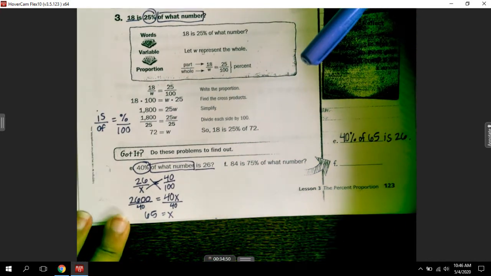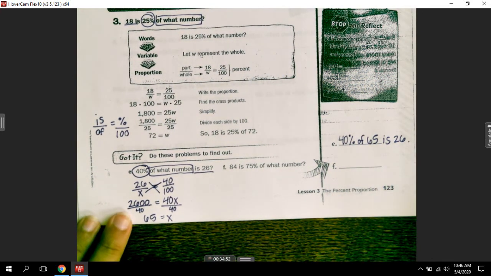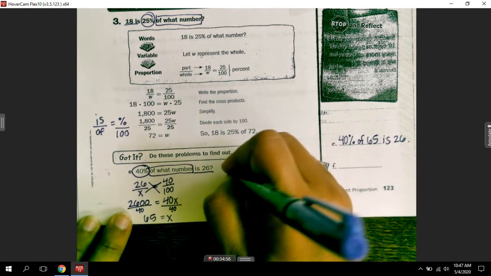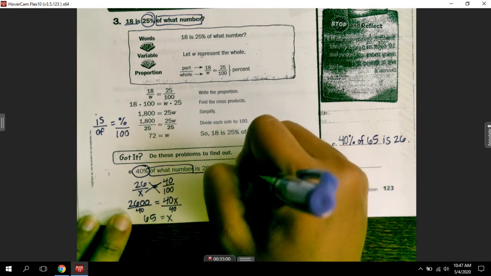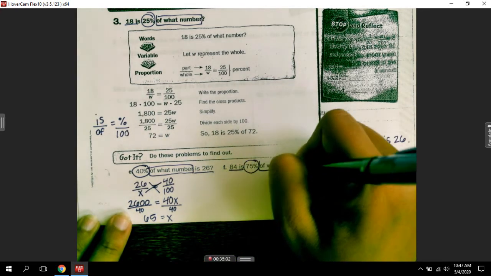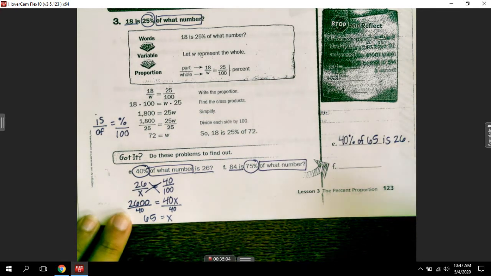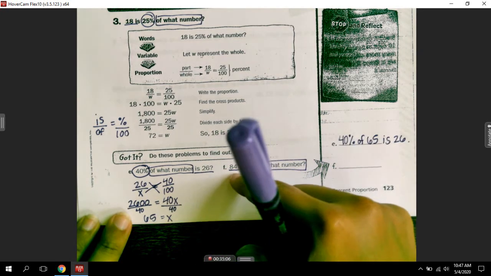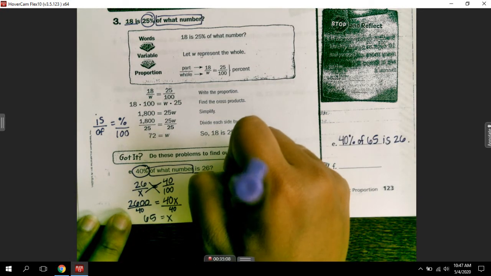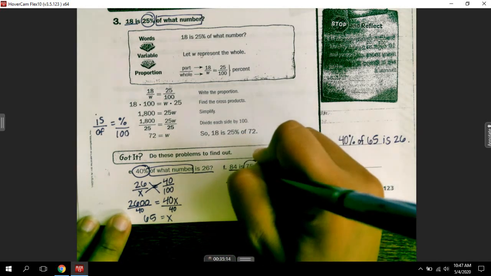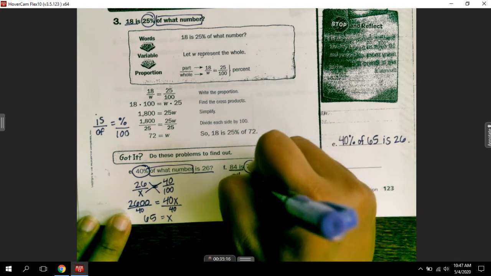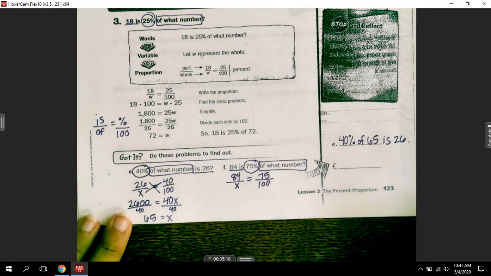And then F, 84 is, so that's easy to see, underline. 84 is 75% of what number? So is over of: 84 is, of is what we're trying to find, so 84 over x equals percent, which is 75 over 100.